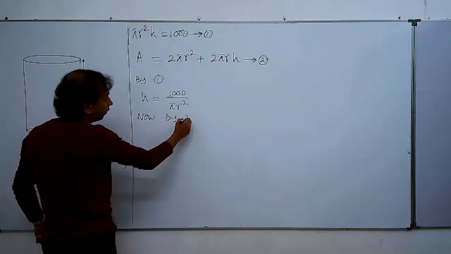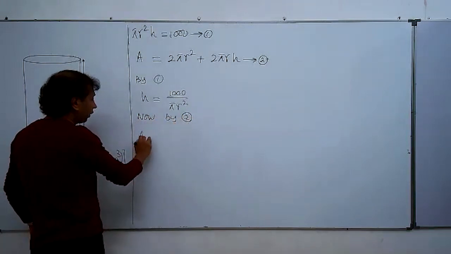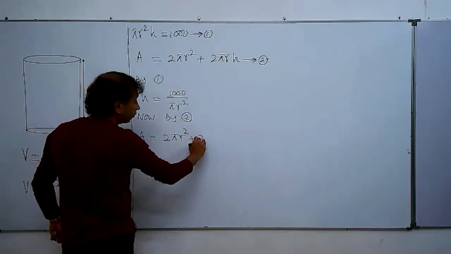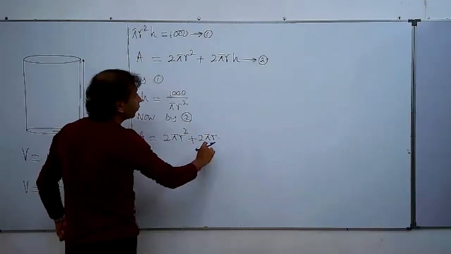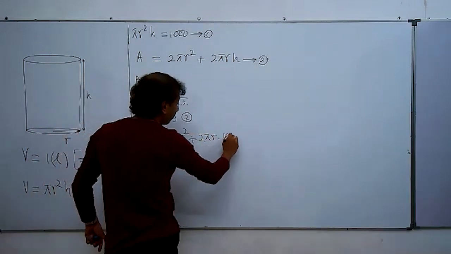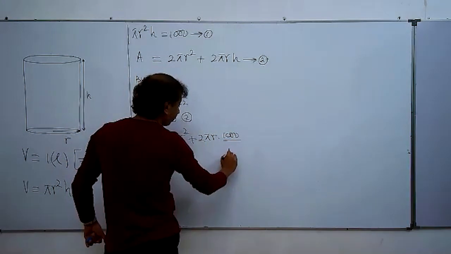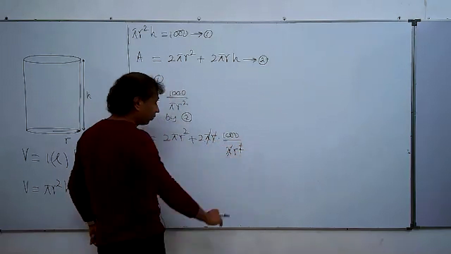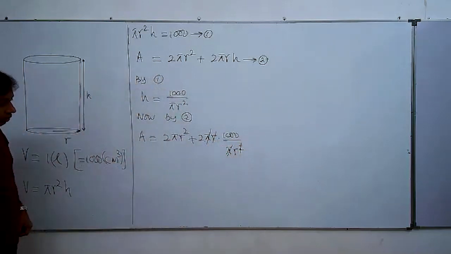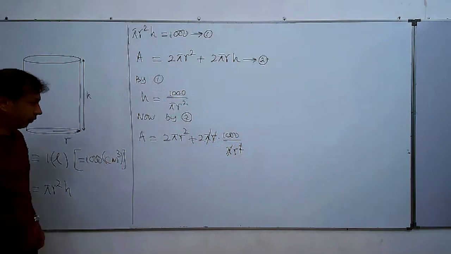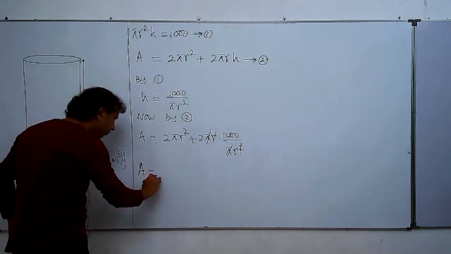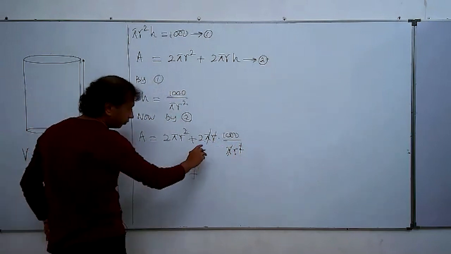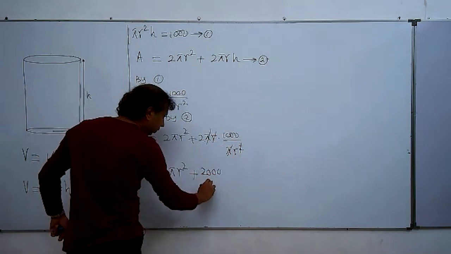Now by 2, A equals 2 pi R squared plus 2 pi R times H. This pi and the denominator pi we can cancel, and R and R squared, R we can cancel down. We get A equals 2 pi R squared plus 2000 divided by R.